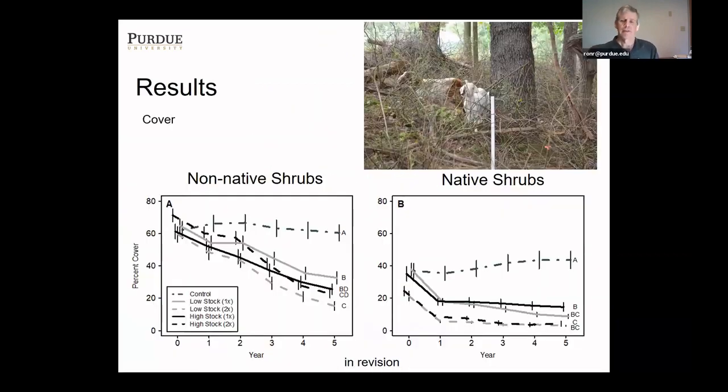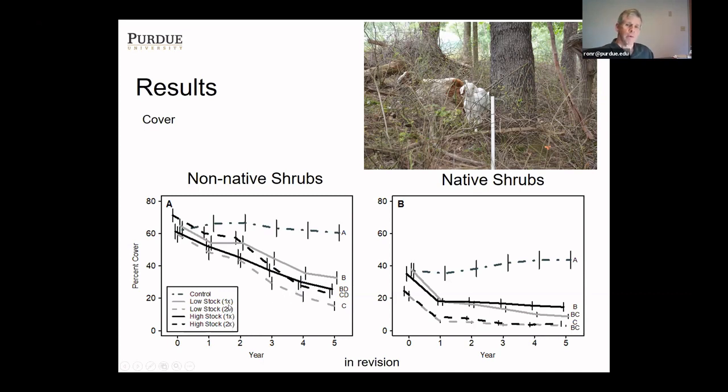Now looking at the data over the 5-year period, you can see with the non-native shrubs in the left graph that we had a gradual incremental reduction in percent cover of the non-native shrubs. All of the grazing treatments produce significantly lower non-native shrub cover than the untreated control. In terms of low stocking and high stocking, not a significant difference.